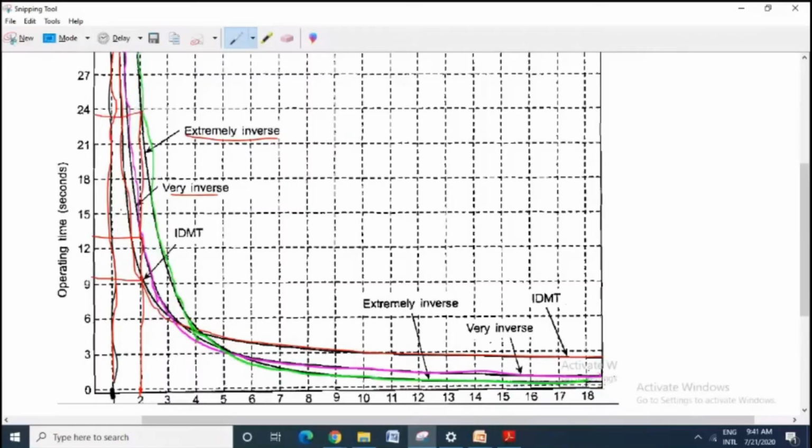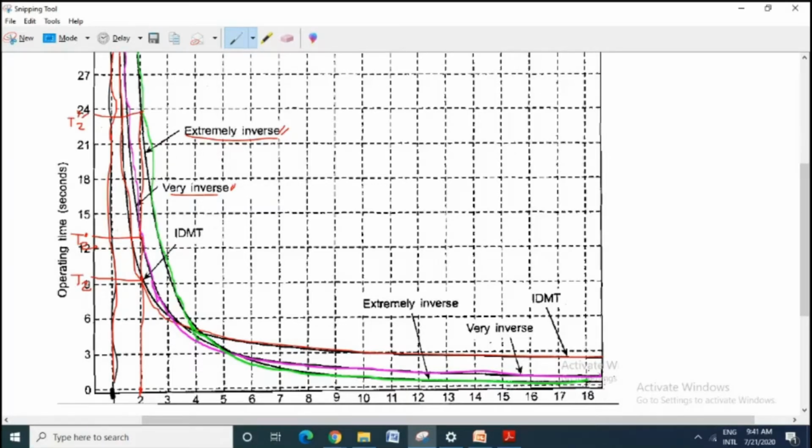You got this? For the value 2, see, I am writing down over here. This is the time t2, this is the time t2 dash. We are considering the single dash for the very inverse, and for the extremely inverse we are considering the double dash. So this is nothing but t2 double dash.